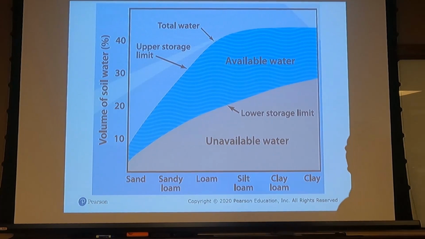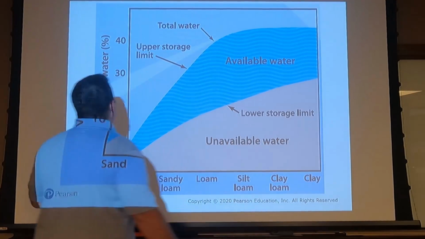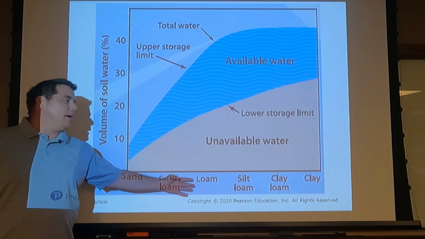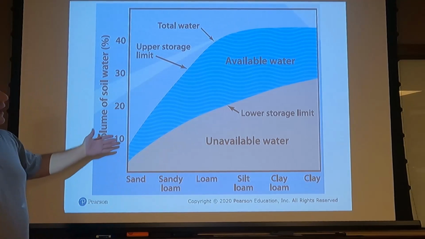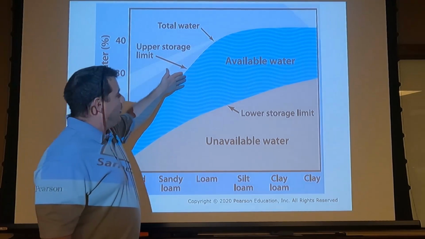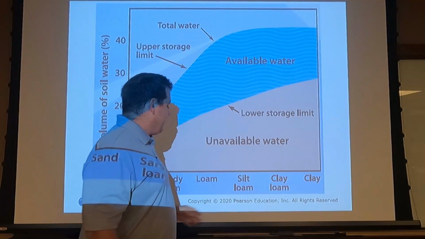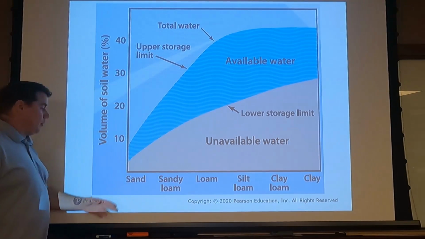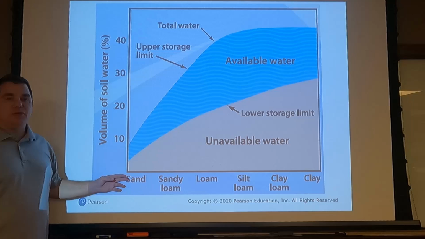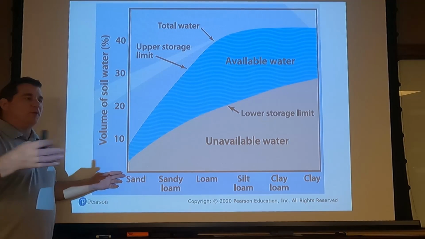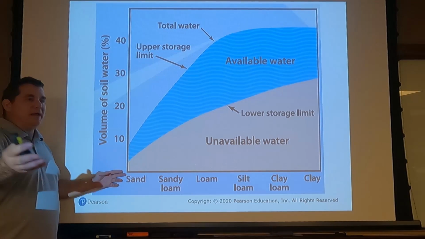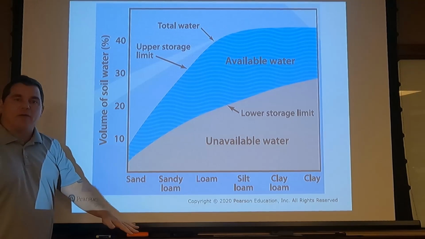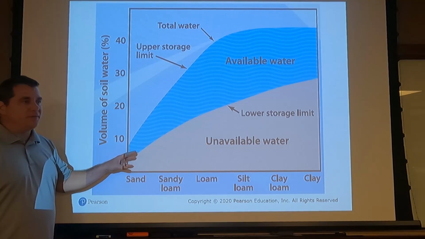And so here we have a graph, the volume of water along the y-axis and then our soil type along the x-axis. And you see that the available water actually increases as our soil texture increases. So think about when you go to the beach and the water rushes up on the shore, and when it does and moves back, you can see that water drain out of the sand.